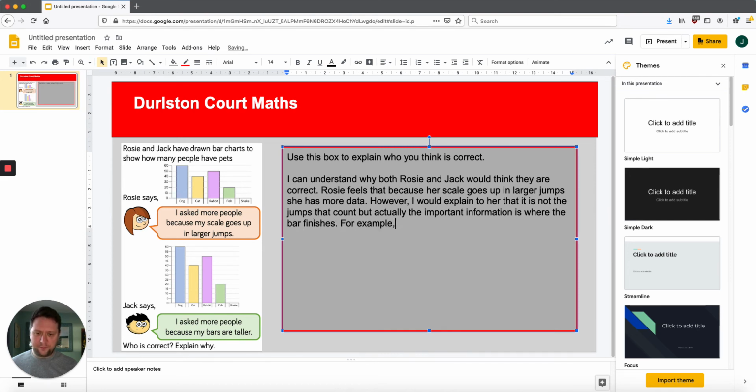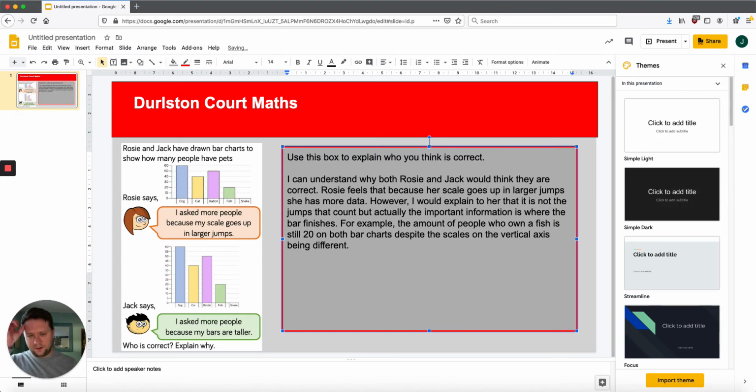For example, the amount of people who own a fish is still 20 on both bar charts, despite the scales on the vertical axis being different.